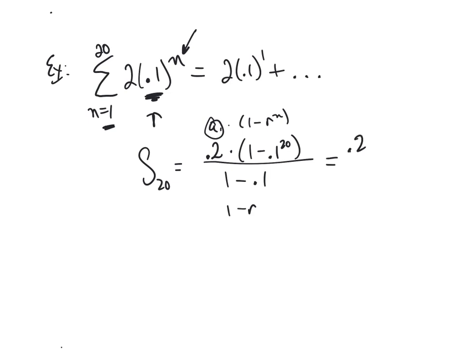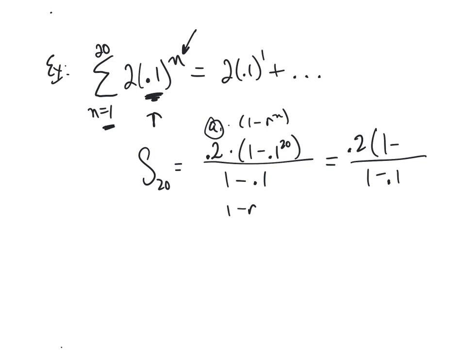Now we'll have 0.2. Inside the parentheses, we have to do the power first. Oops, sorry about that, that's a typo. There we go. So we have to raise 0.1 to the 20th power, and of course that's going to be just crazy small. It'd actually be 1 times 10 to the negative 20th power.